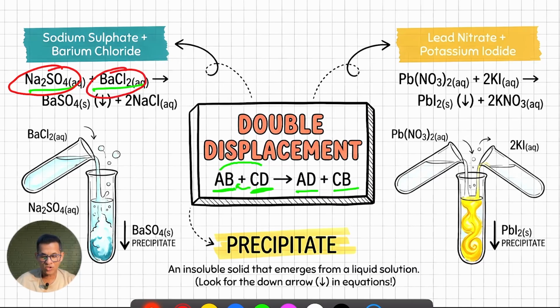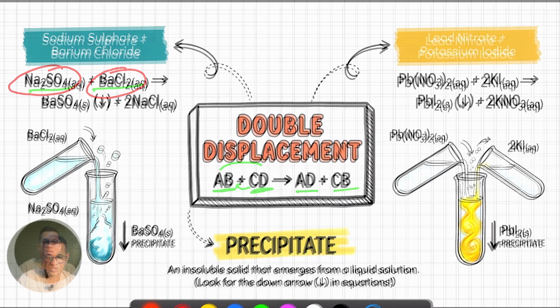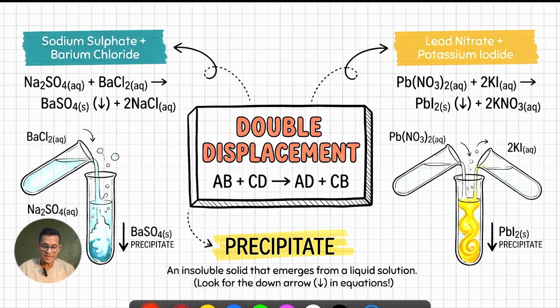There are two ions in each of these compounds. In sodium sulfate we have Na plus and SO4 2 minus, whereas in barium chloride we have Ba2 plus and Cl minus.